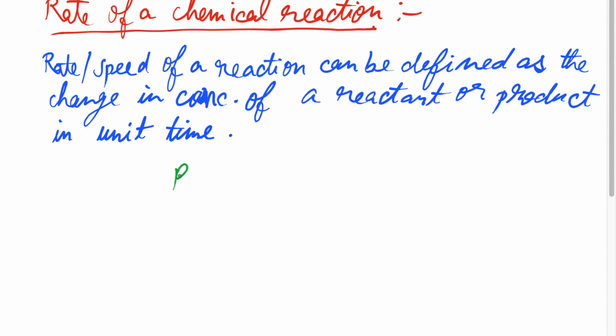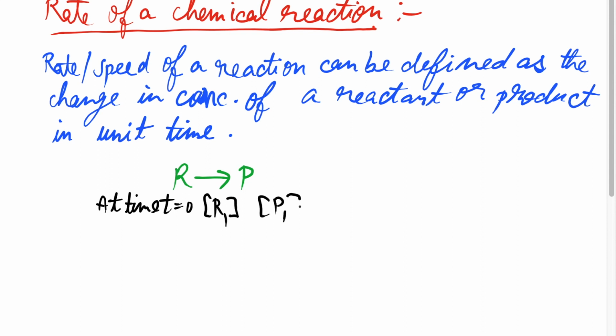For example, let's consider this reaction. This is the reactant and this is the product. Reactant changes into product. At time t equal to 0, reactant is R1 concentration and product is P1 concentration.